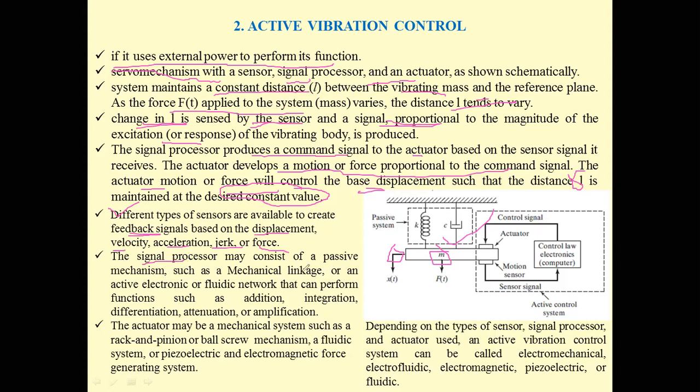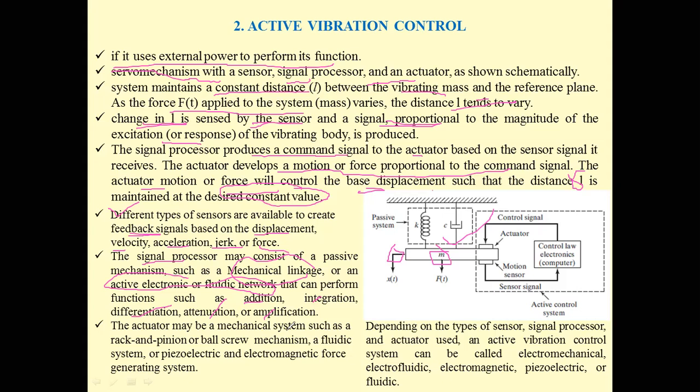Passive mechanisms are like mechanical linkages, or there are active electronics or fluidic networks that can perform functions such as addition, integration, differentiation, attenuation, and amplification. So by using active electronics or a fluidic network signal processor, we can do these functions.